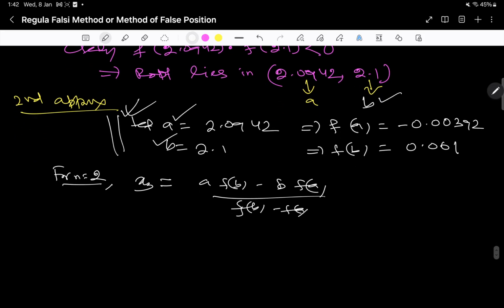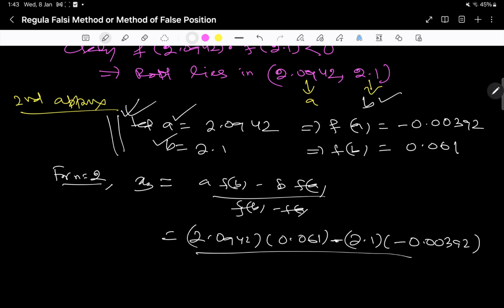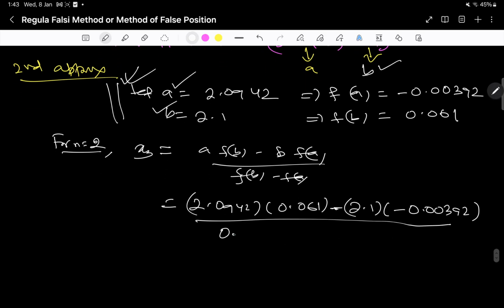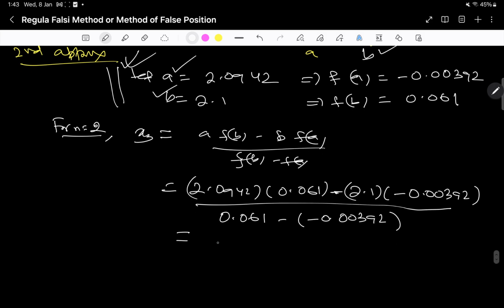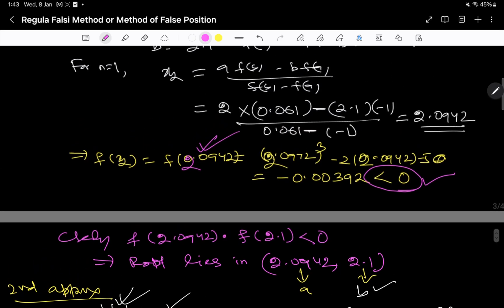If we simplify, it is 2.0942 into 0.061 minus 2.1 into minus 0.00392, divided by 0.061 minus minus 0.00392. Simplifying, it is 2.09455. This is my x3 and this is my x2.